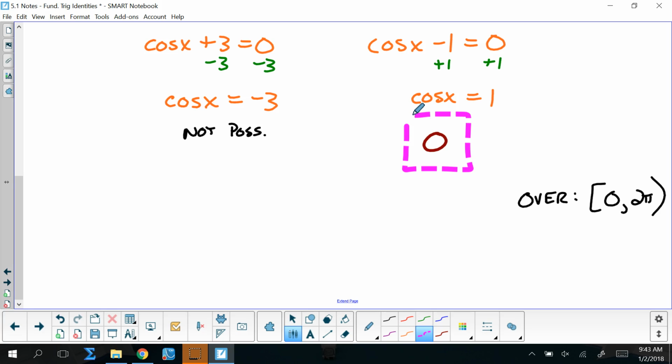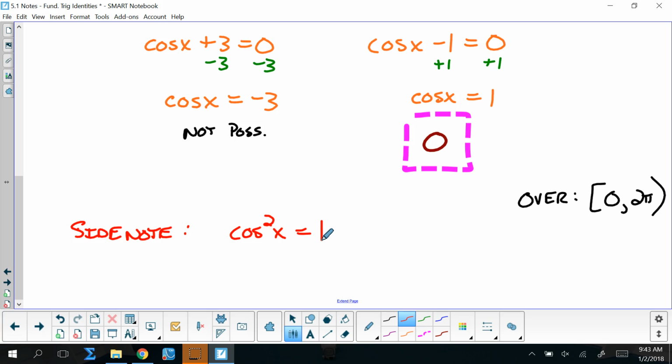Okay? So that's the only answer? Yes. The other one doesn't work out because there's nowhere that cosine could be negative 3. But let's go side note here. If this would have been cosine squared of x equals 1, right?